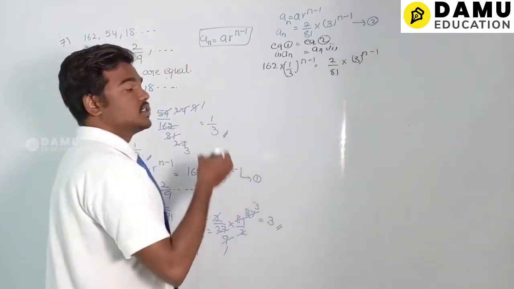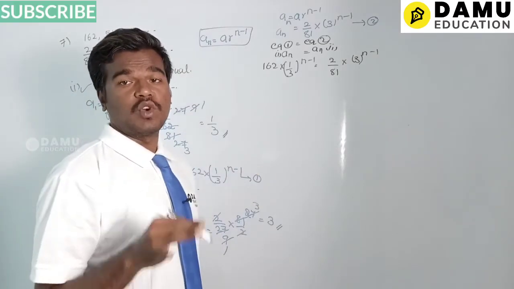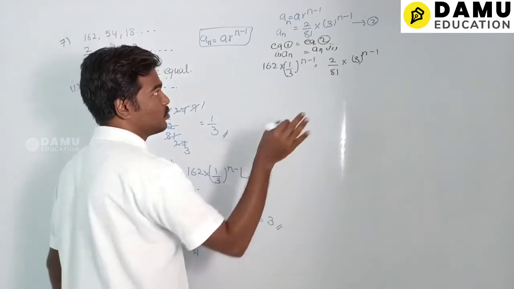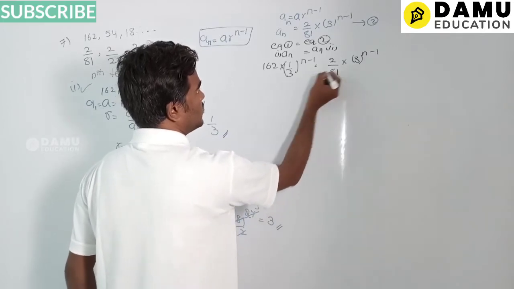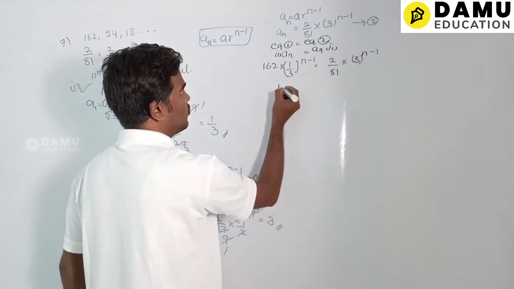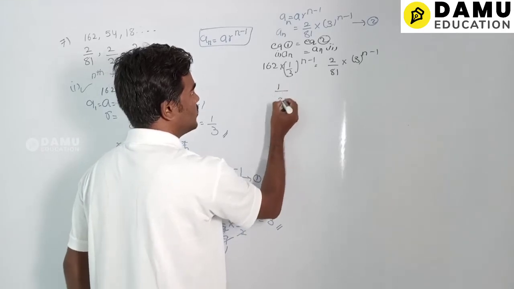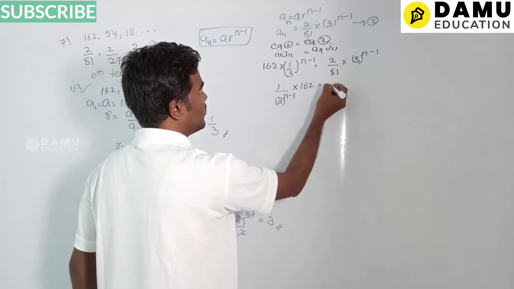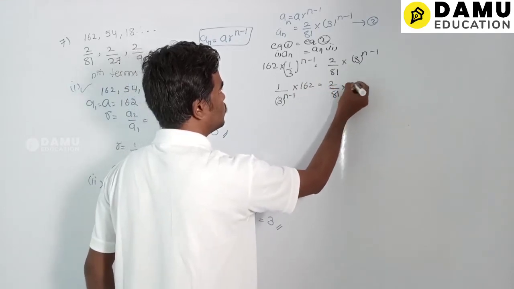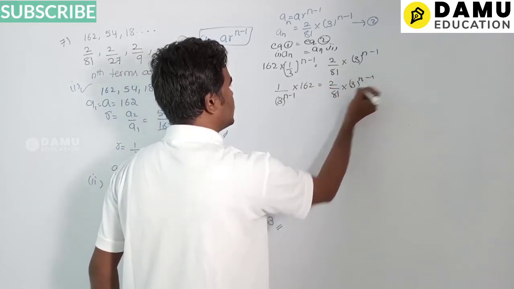Let's shift terms to the right side: 1 by 3 power n minus 1 becomes 3 power n minus 1 into 162, which equals 2 by 81 into 3 power n minus 1.